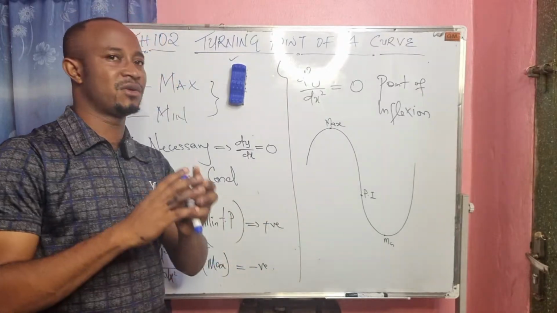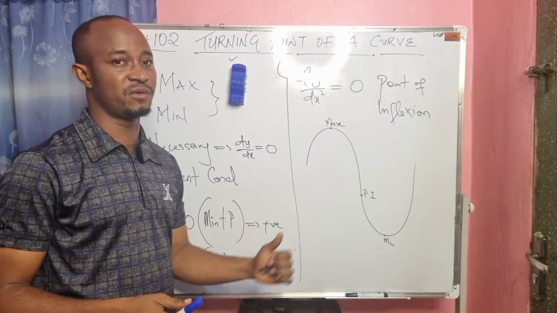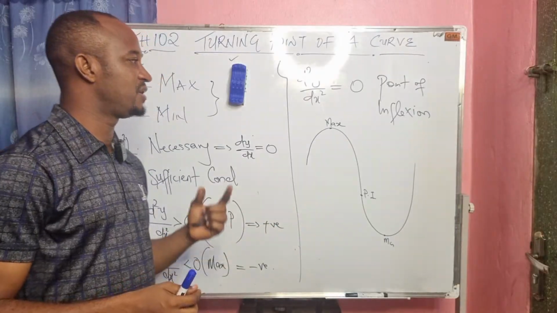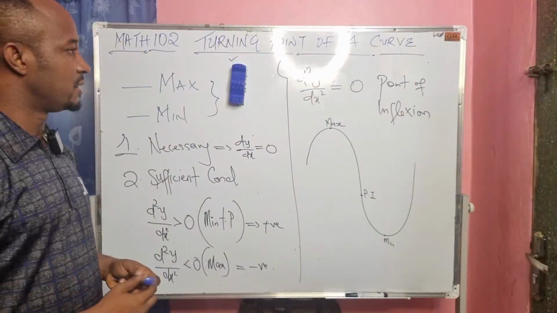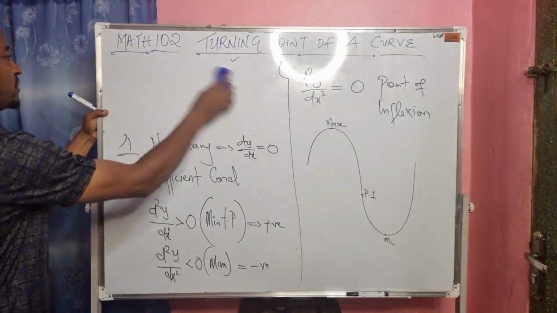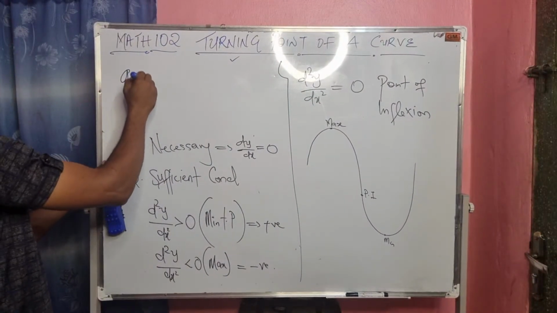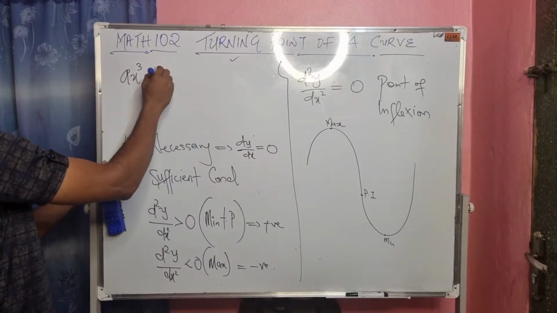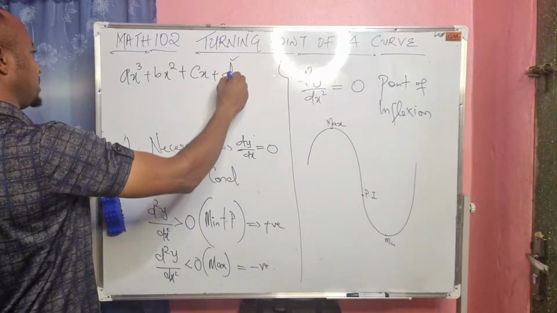Now, in what kind of curve can we actually have a point of inflection? Point of inflection is only obtained in a cubic function. Every cubic function has a general form of ax cubed plus bx squared plus cx plus d.